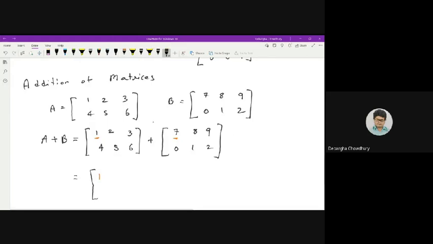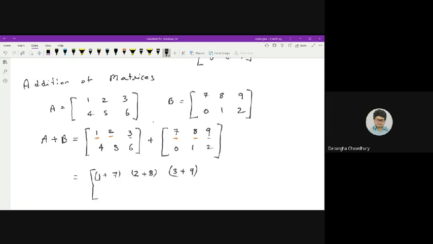Understood? 1 plus 7. Similarly, we would take the first row second column, and this is also the first row second column element in the other matrix, so now I would add them. 2 plus 8. This same method would go on and on. Then we would take 3, the first row third column of the first matrix, and the first row third column of the second matrix is 9.